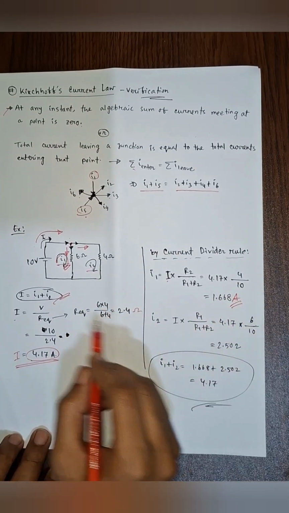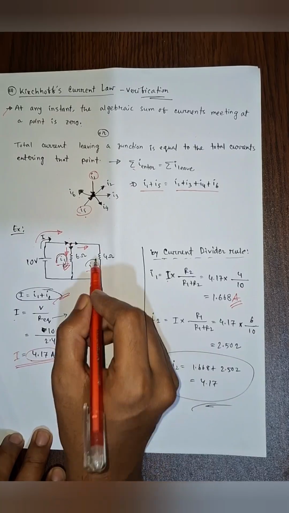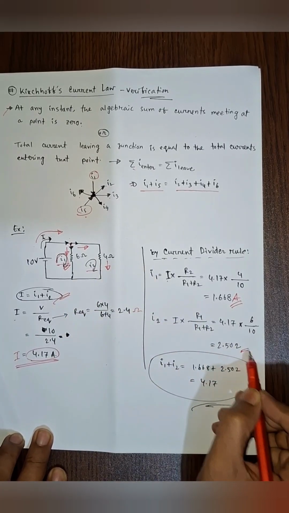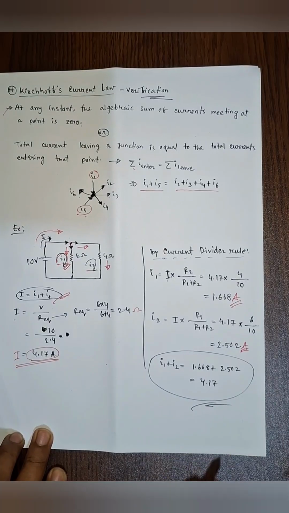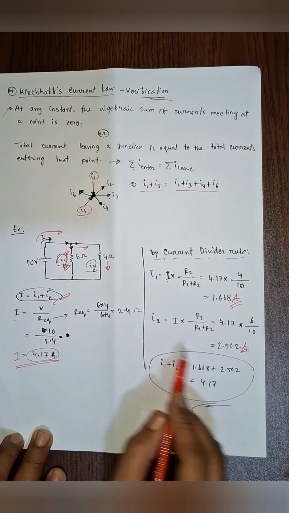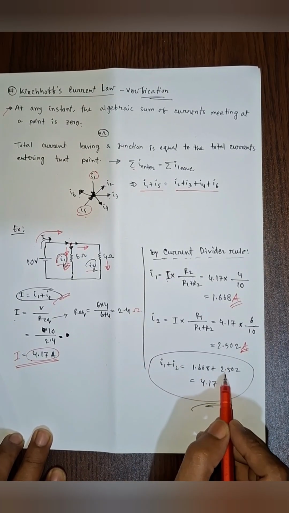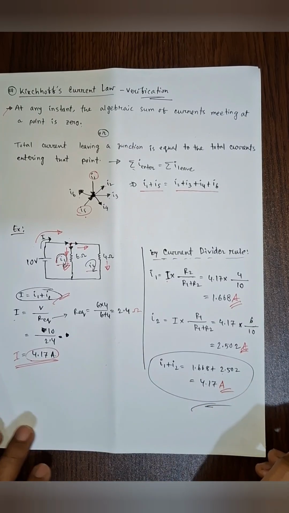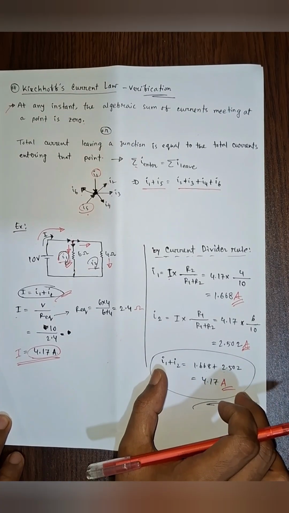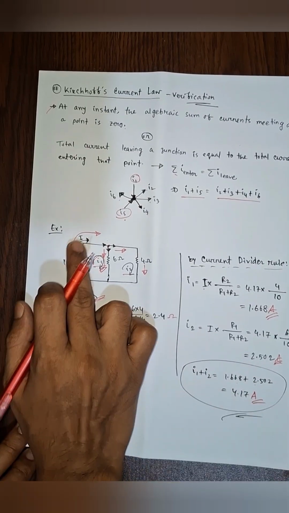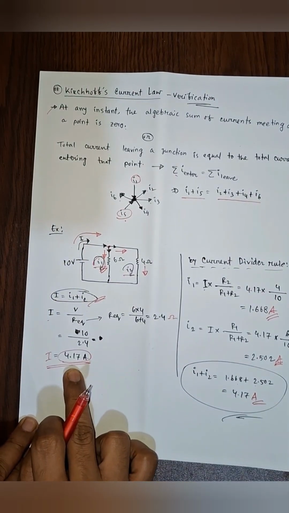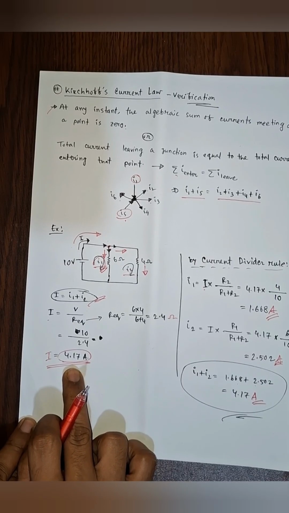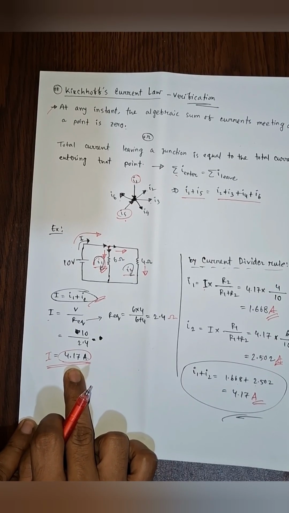In a similar way, for the second current I2 across this resistor, we get 2.502 amps. If we sum I1 plus I2, 1.668 plus 2.502, we get 4.17 ampere. That means these two currents equal the total current flowing in this circuit. So this is the basic of Kirchhoff's current law, and we will next go to the experiment.